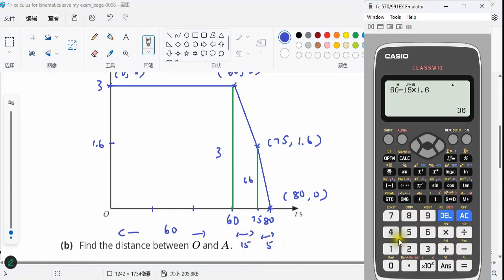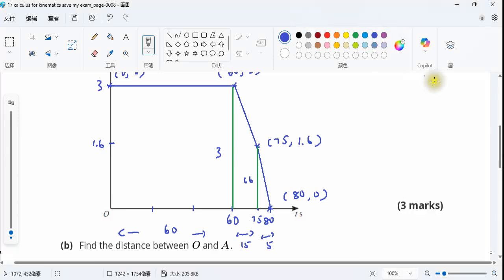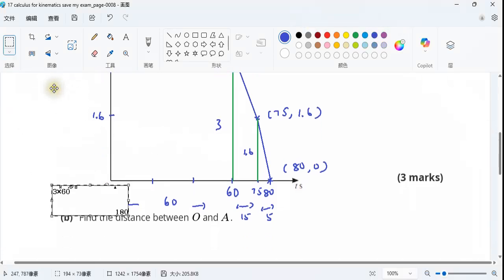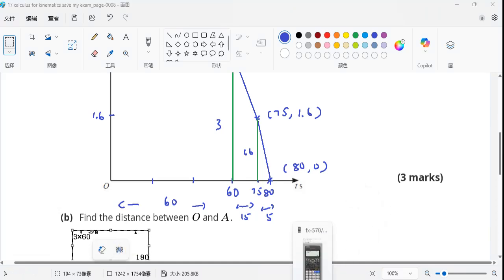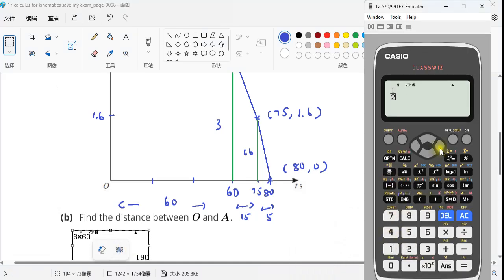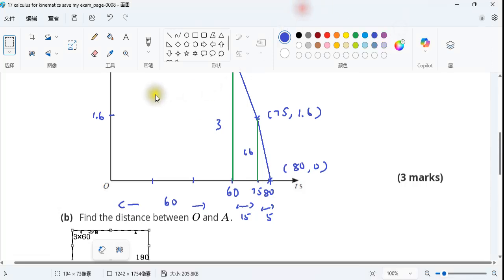So the first part is 3 times 60, 180 meter. Then the second part will be half of 3 plus 1.6 multiplied with 15, 34.5.